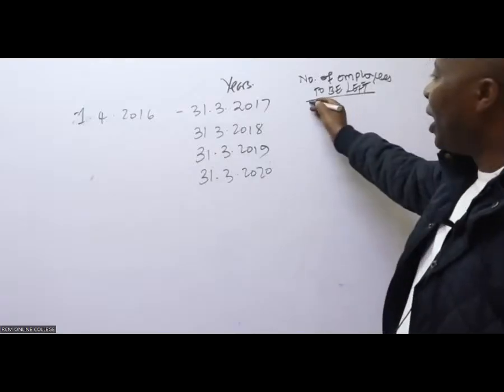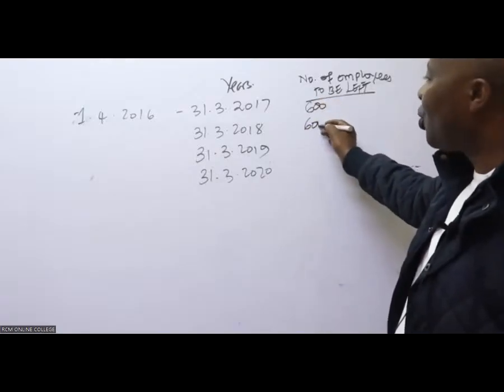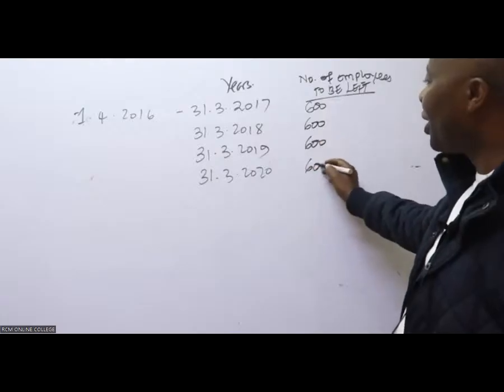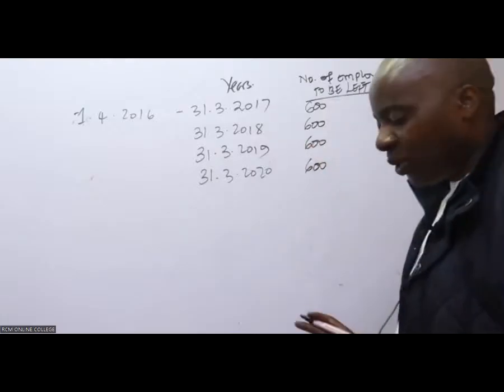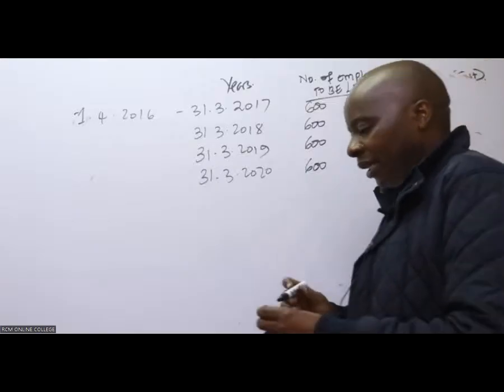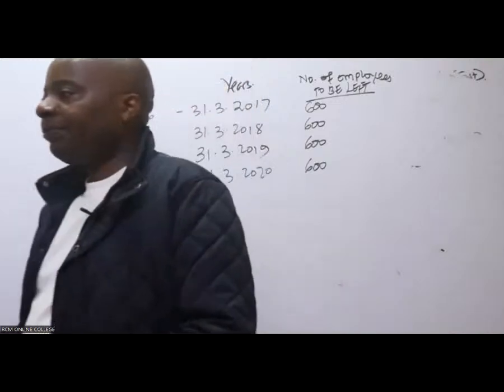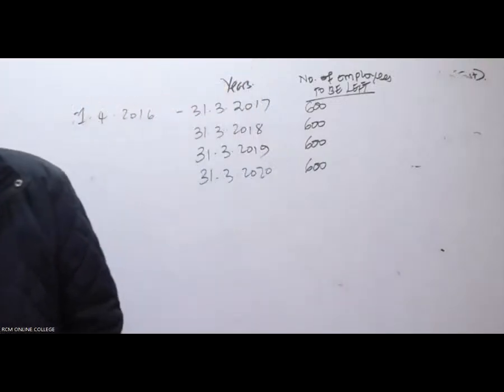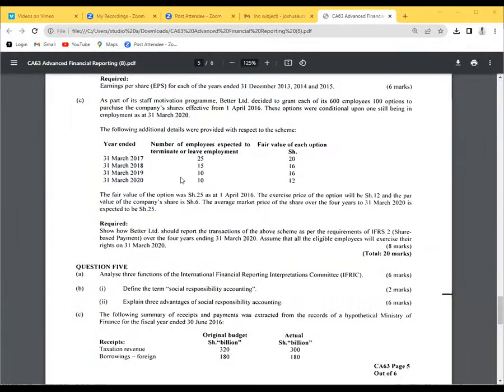Remember, we began with how many guys? 600. So it's good to have the number you begin with, 600, and then you simply knock off the guys who will be leaving the company. We are told the number of employees expected to leave employment.